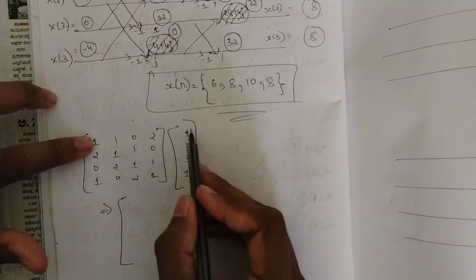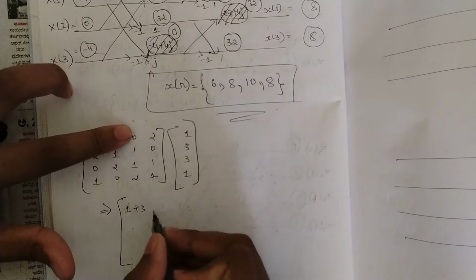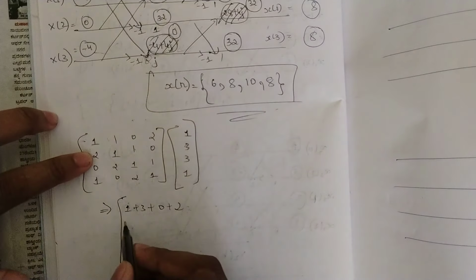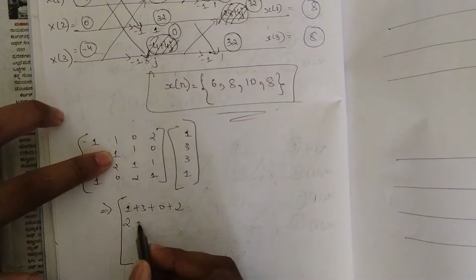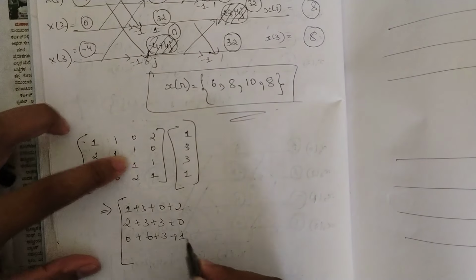That is 1 into 1, 1, plus 3 plus 0 plus 2. Then we have 2 1s are 2, 1 3s are 3, 1 3s are 3 and 0. Then we have 0 plus 6, 2 3s are 6, 3 1s are 3, 1.